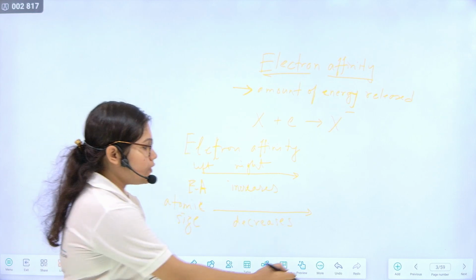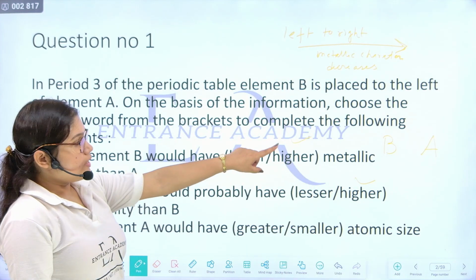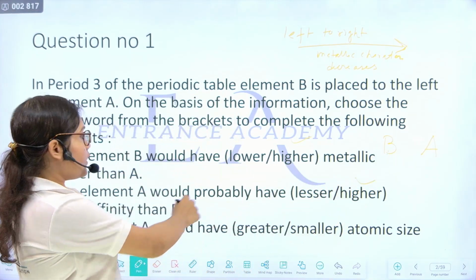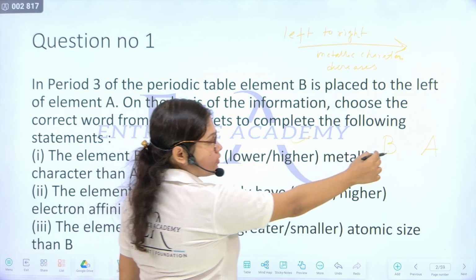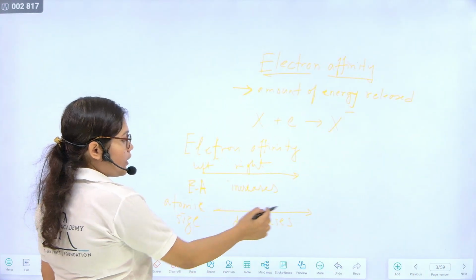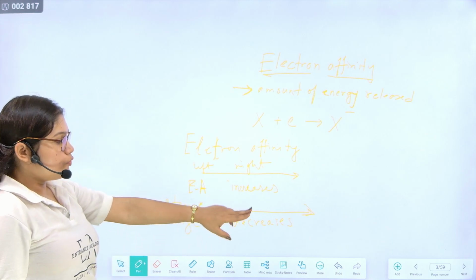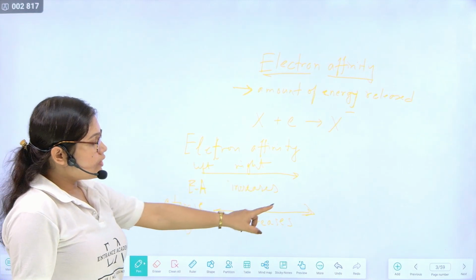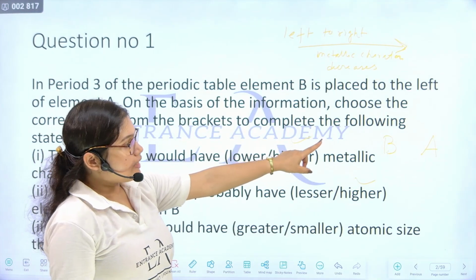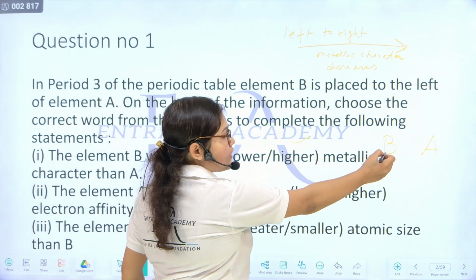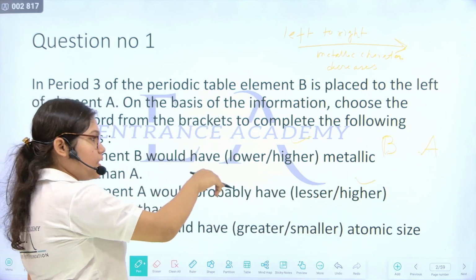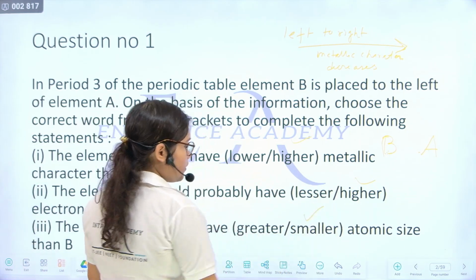So if element B is placed left to A, the atomic size of A is smaller than B. That is because atomic size decreases from left to right. So the answer is smaller.